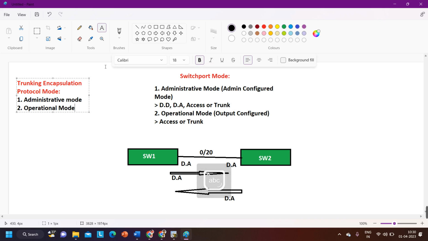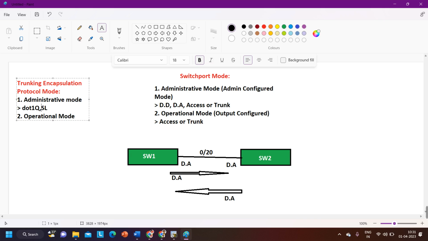Here, administrative mode of the trunking encapsulation protocol can be what? It can be .1q, or it can be ISL. Only two types of administrative mode are there in trunking encapsulation protocol, and one more mode can be there.